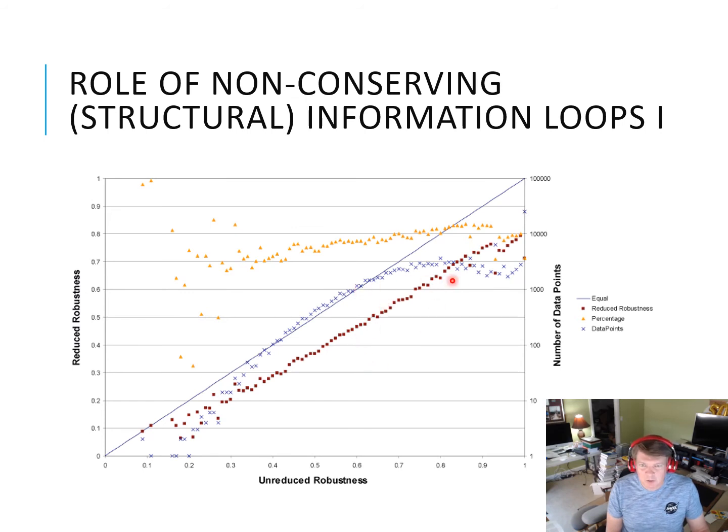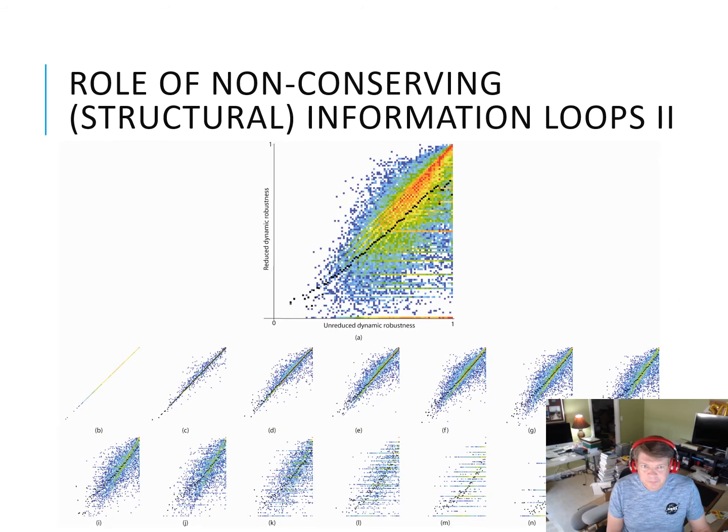And we can see most of the networks, when we create them, have a robustness above 60-70%. So this is an interesting result. We're showing that the functionally equivalent simplified network is less robust than the full network itself.